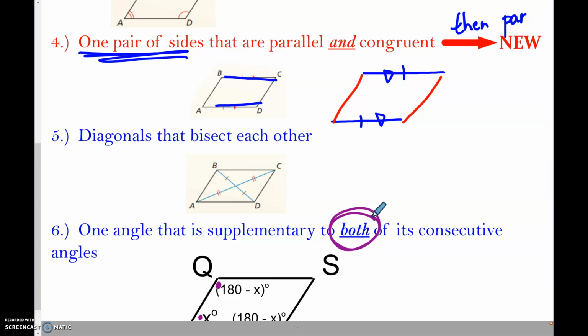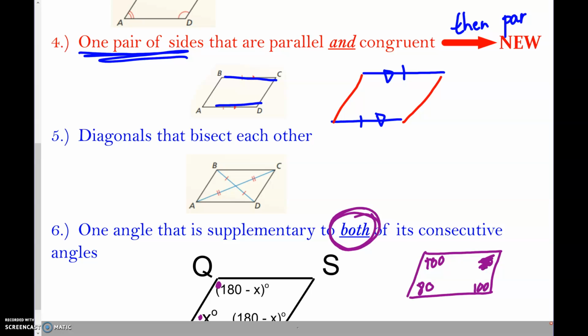of its consecutives. So if we just say simply that this is 100 and this is 80, that is not enough. You need to have it both. So whether you put the 80 here, now there's enough, or if we didn't tell you this and you put the 100 here, now this is enough.